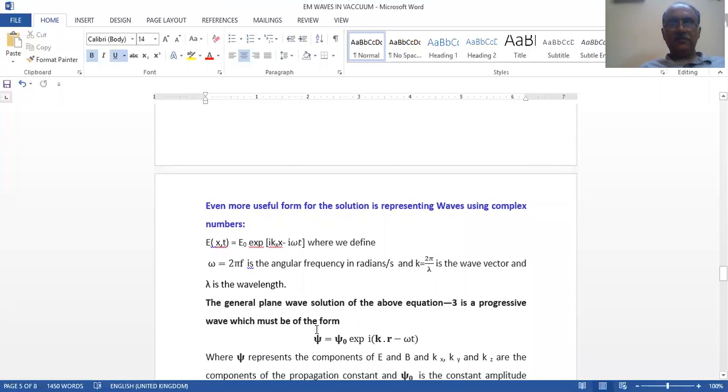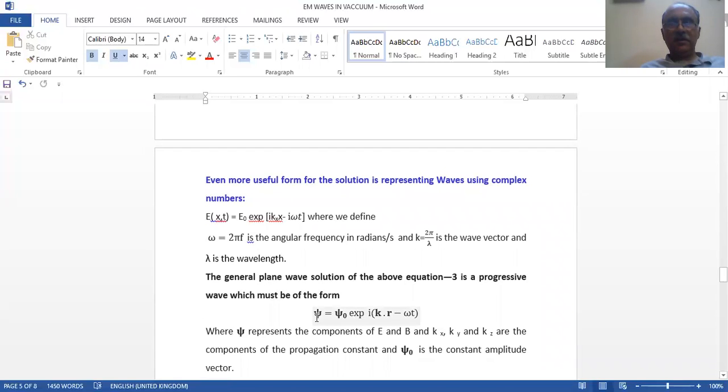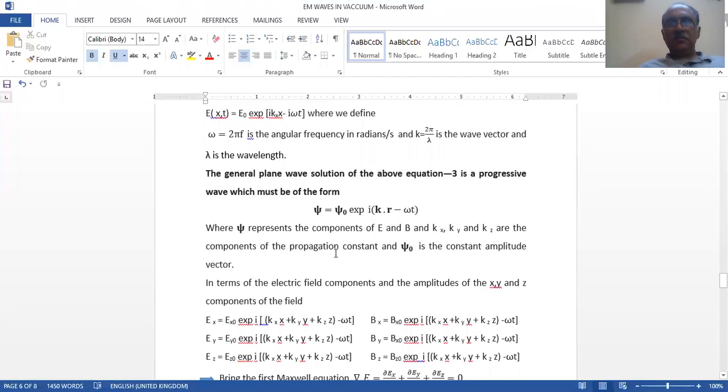The general plane wave solution of the above equation should be of the form psi equal to psi 0, where psi 0 is again a constant vector, times exponential i k dot r. Here k becomes the propagation vector. Here psi represents the components of E and B, kx, ky, kz are the components of the propagation constant, and psi 0 is the constant amplitude vector.